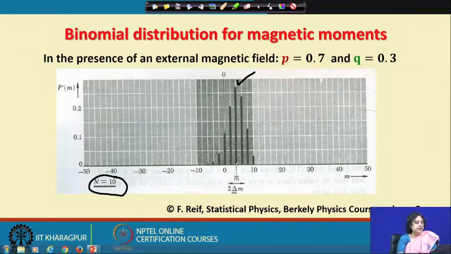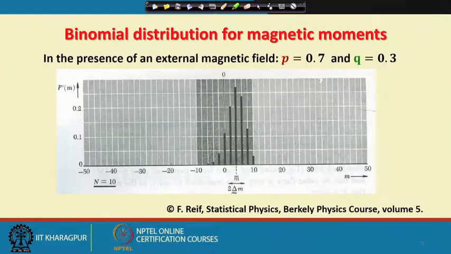Not only that, what I find is this is actually pretty skewed. Now, this kind of skewed asymmetric distributions we will continue to see in the presence of the external magnetic field. So, next let us increase the number of particles and try to see how the binomial distribution changes.